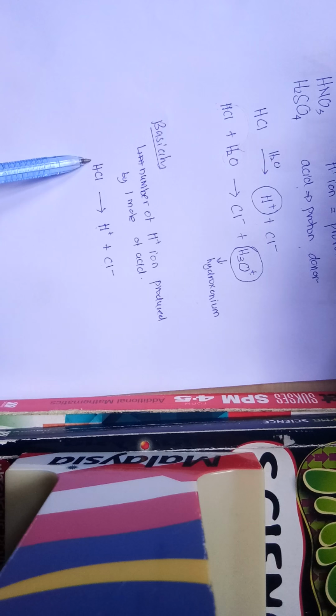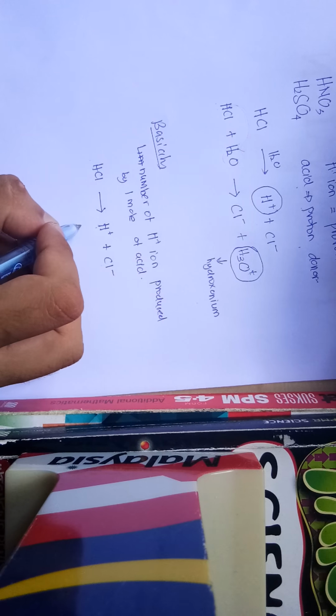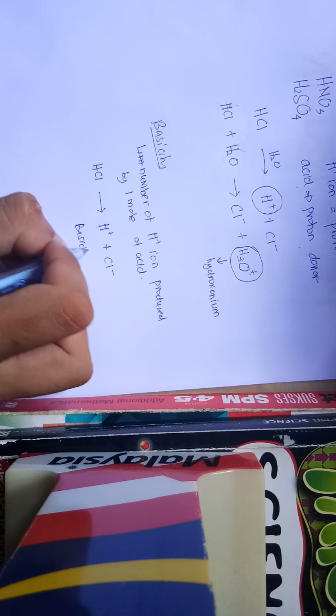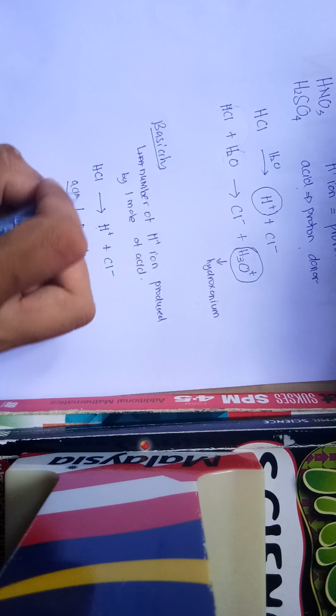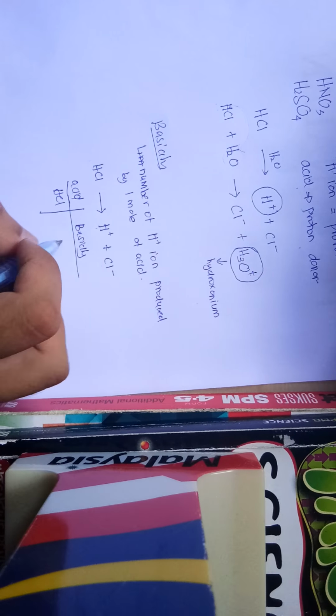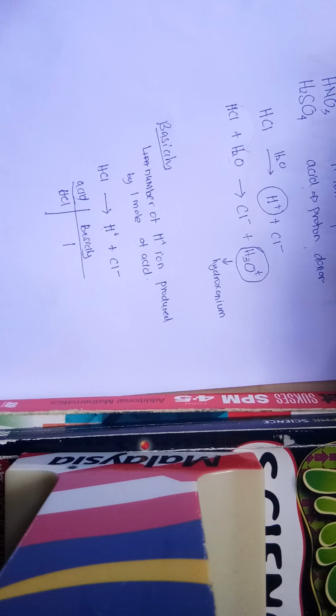So 1 hydrochloric acid will ionize to produce 1 mole H plus ion. So the basicity for HCl is 1, because 1 mole of HCl can produce 1 mole of hydrogen ion.